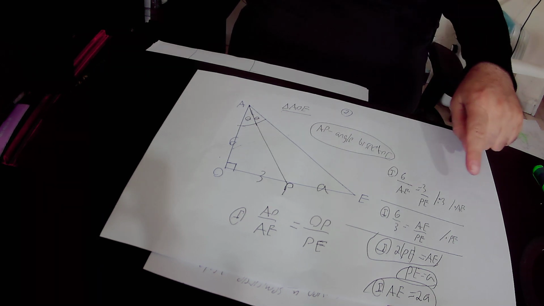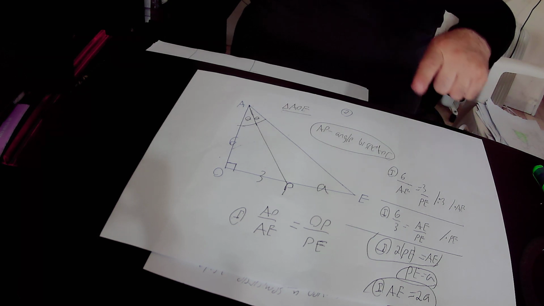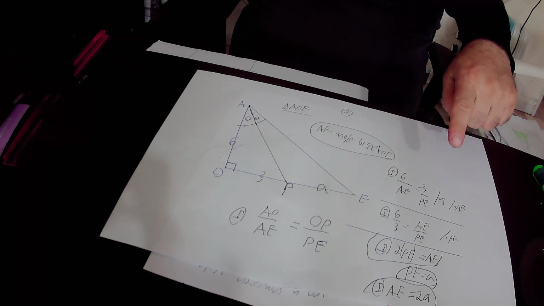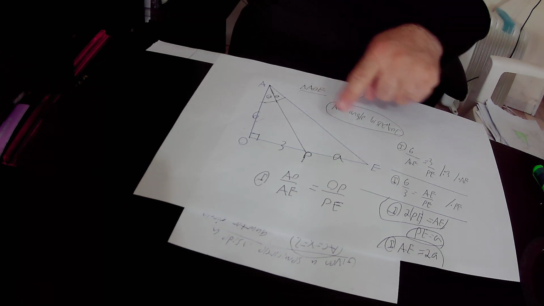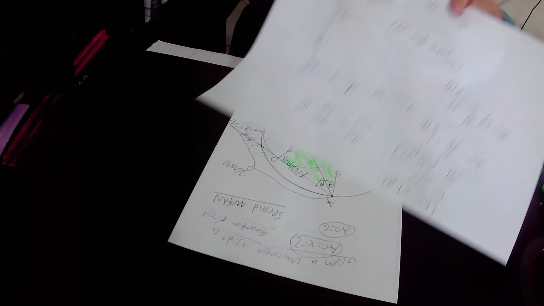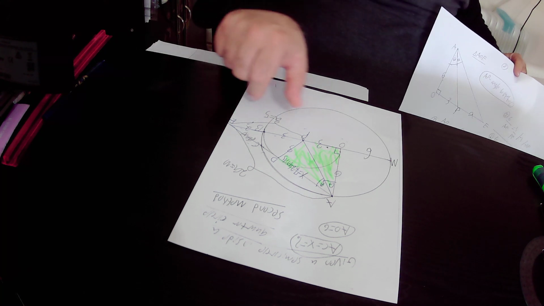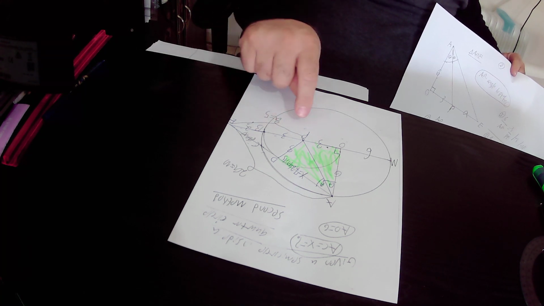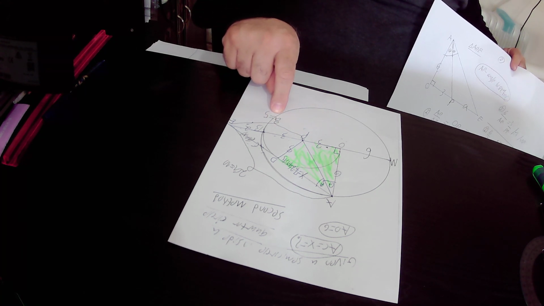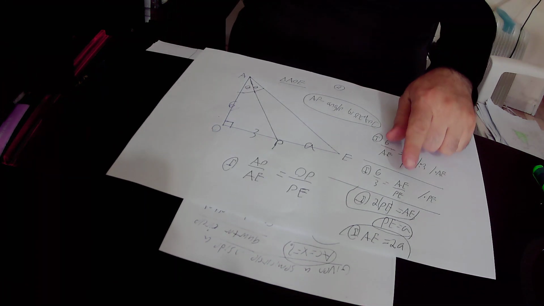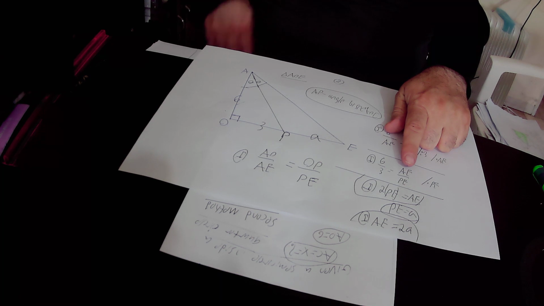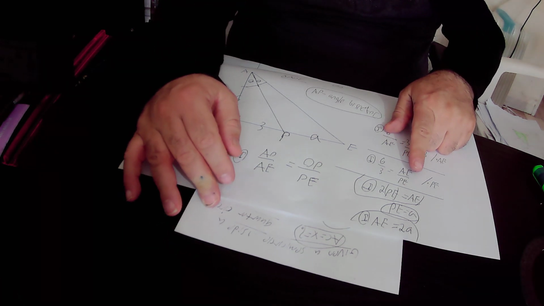Then we multiplied the equation by PE, and we got that 2 times PE equals AE. We defined PE as A. Here PA equals A according to our definition, and also line segment PE equals A according to our definition. And so according to equation number 1, 2 times PE equals AE.